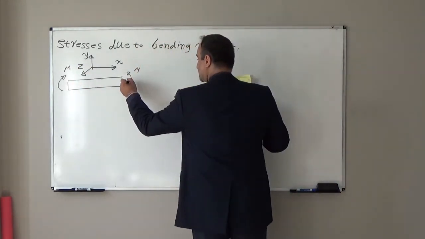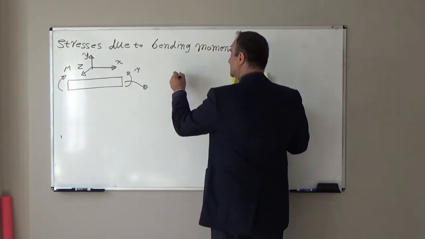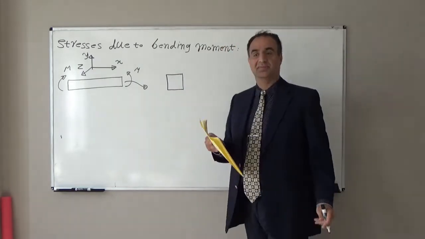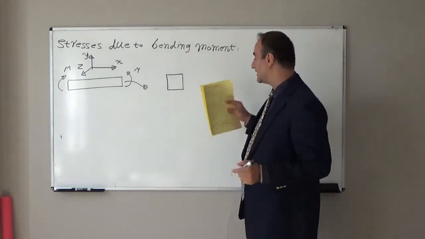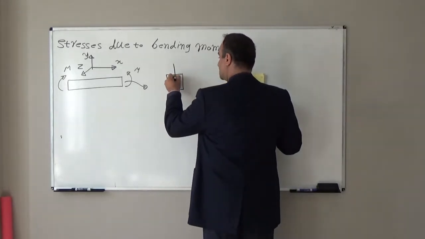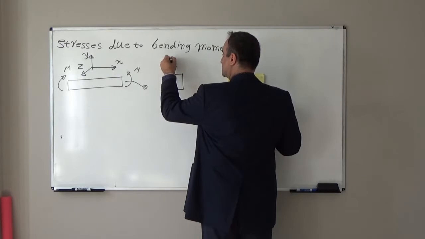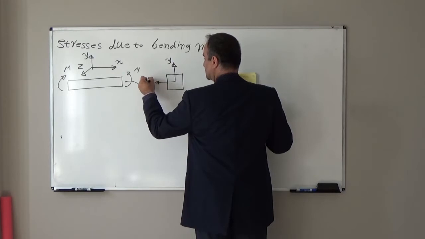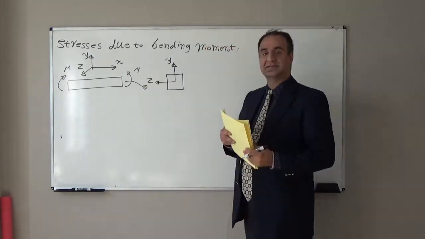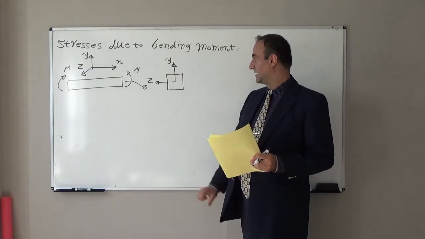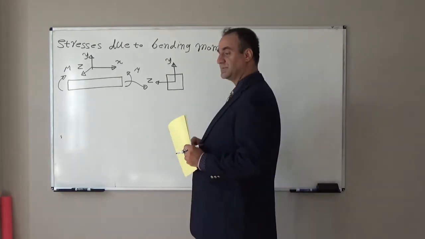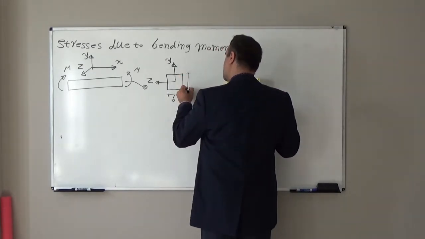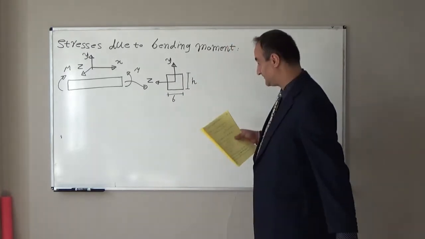If I assume one cross section for this beam, cross section can have any shape, but assume it is symmetrical respect to y-axis. So this is y, this is z. And here I assume it is rectangular shape. The width is b. The height I assume it is h.